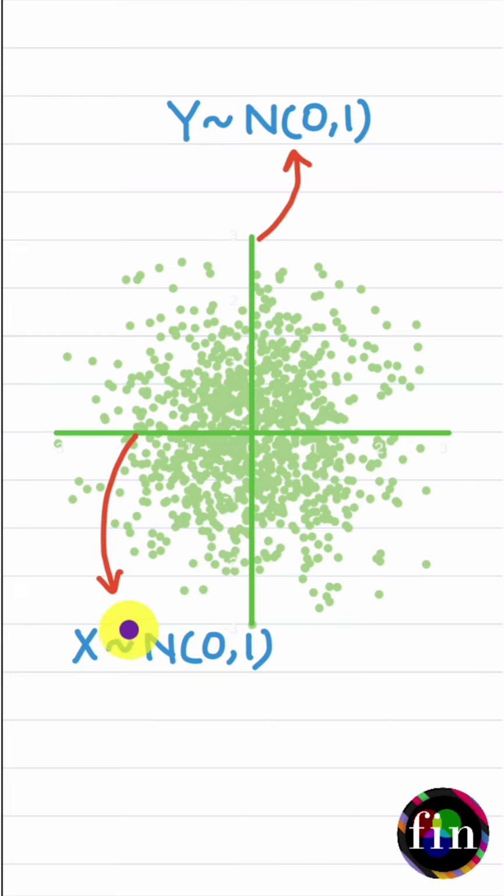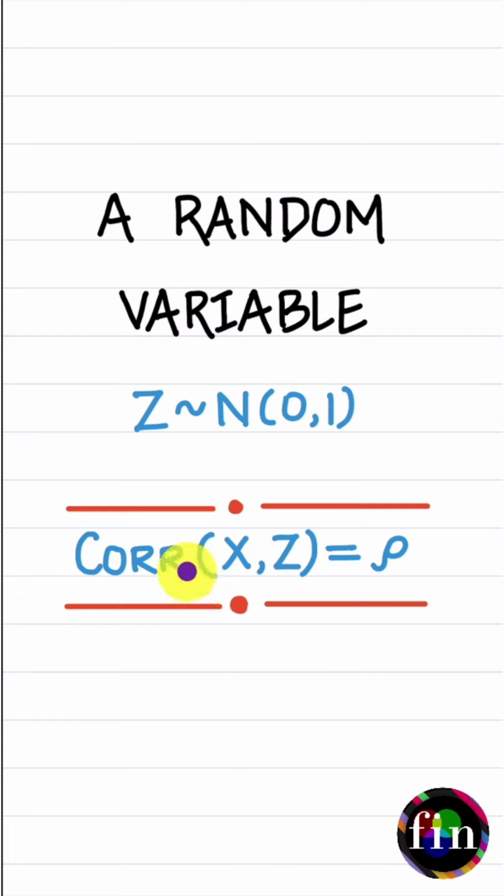For this purpose, I can choose x to be my first variable, and I can create a new variable z which indeed follows the standard normal distribution and has this specified correlation with the first variable, x.